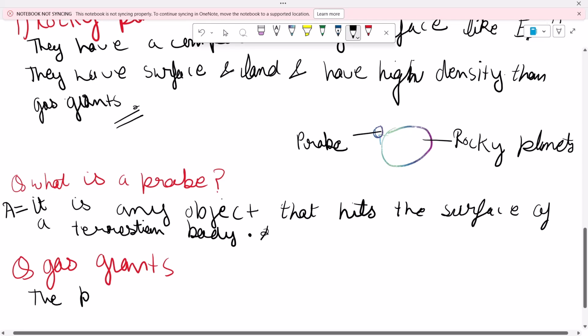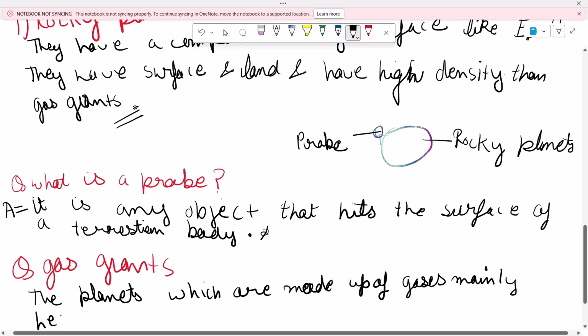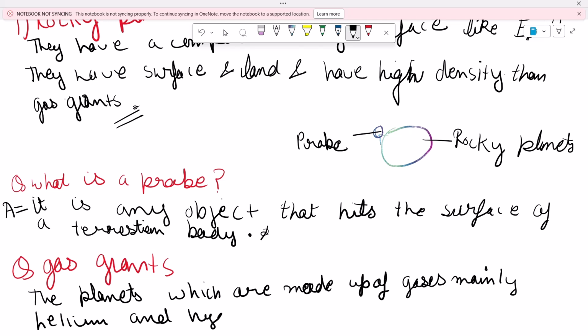The planets which are made up of gases, mainly helium and hydrogen.